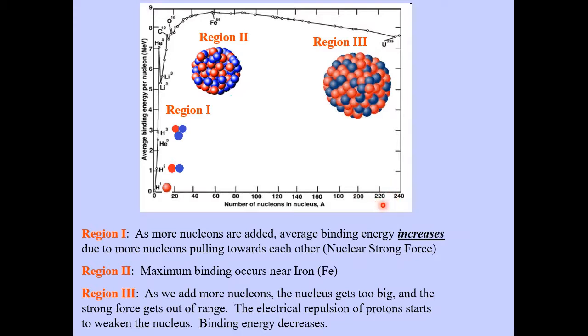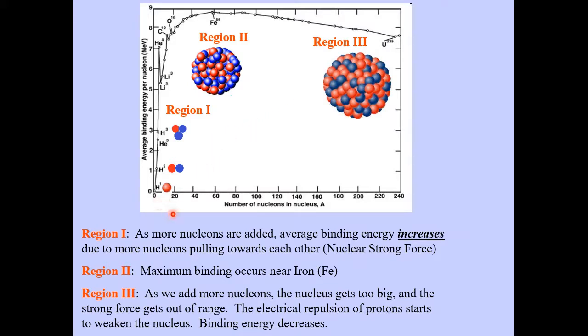Now, if we look at the graph, notice how it starts down here at 0 and goes up and peaks right around here, right around iron, and then slowly tapers off and starts to drop back down. So why is this? Well, it's actually not that difficult to explain, just using what we've already learned about the nucleus.